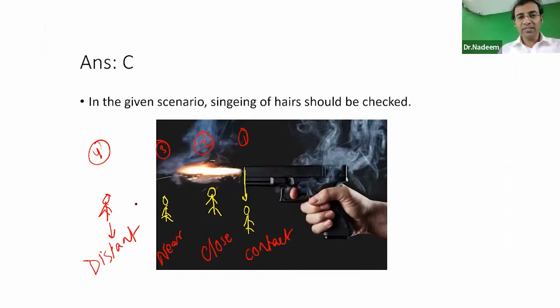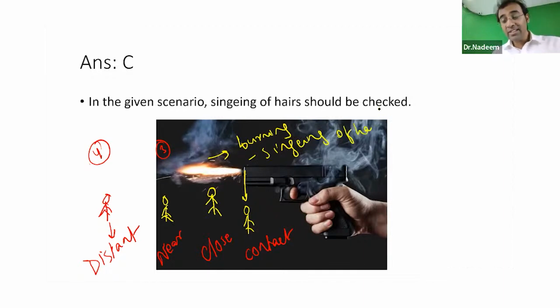Easy to understand. Now you tell me, when a person is standing in the range of flame, basically in the close shot, do you think there will be burning over the entry wound? Yes, there will be burning for sure. Will there be singeing of hairs? Yes, and singeing of hairs means the hair will be shrunken like this.